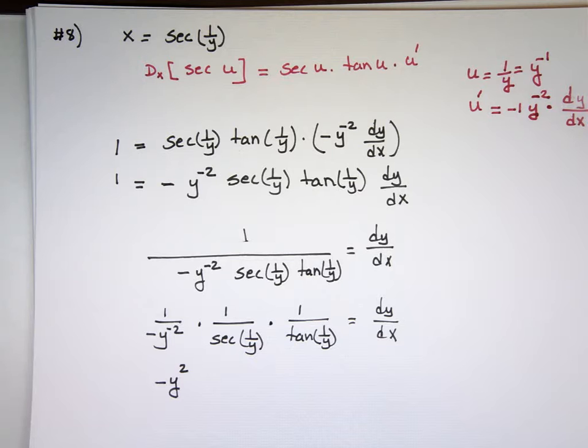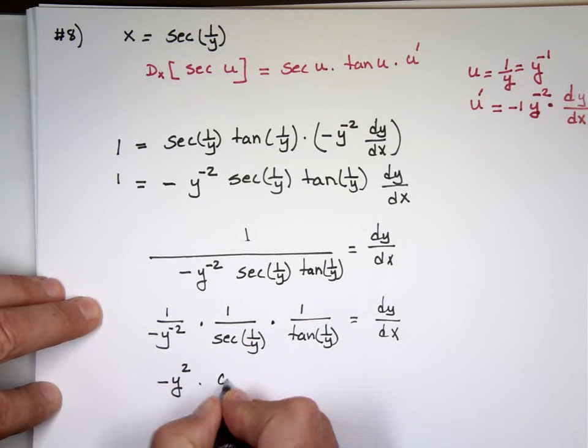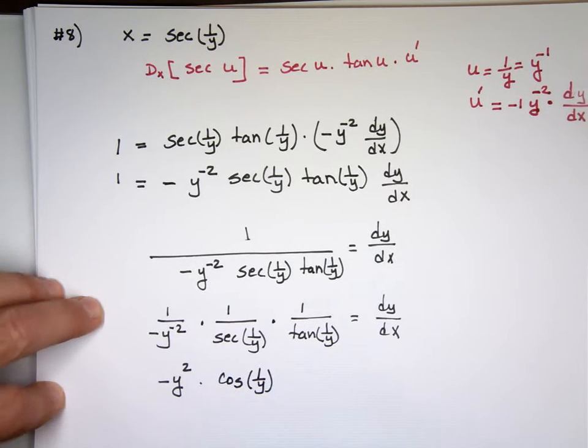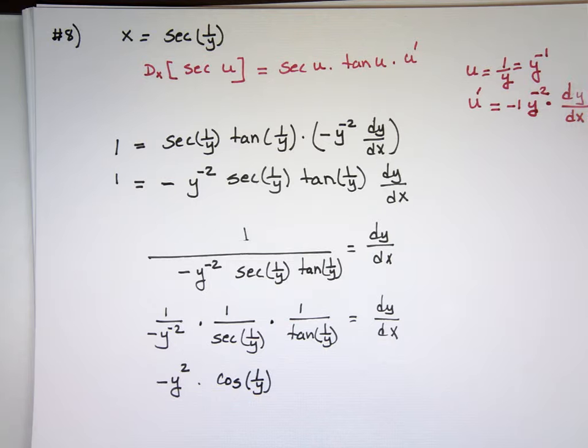What is 1 over secant? Where is it on the board? Secant is 1 over cosine. So what do you think 1 over secant is? That's just the cosine. What's 1 over tangent? Look on the board, number 6.